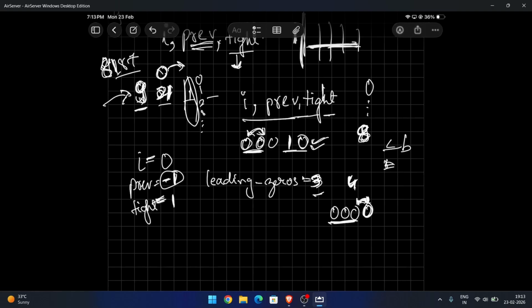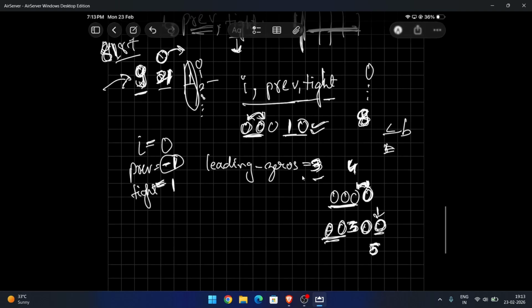But if the leading zeros is 2 and we are at index 4, that means we can't, we have already put something here. So if we are looking at this index, then we can't put 0 here, because leading zeros are just 2 and we are already at index 5. So if the number of leading zeros is greater than the current index, which is 4, and our leading zeros are 3, then we can put a 0 here.